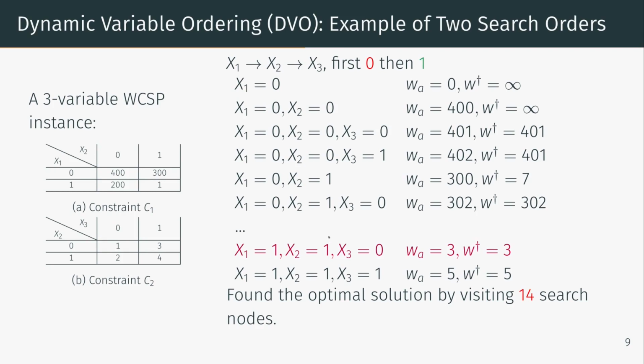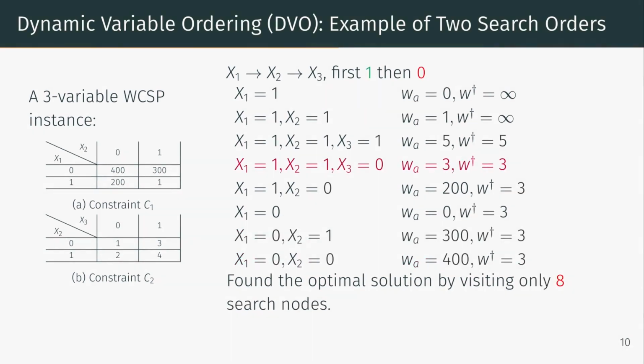And eventually we found the optimal solution here. But since we don't know yet whether this is optimal, we still have to go 1 step further to try out the assignment of x1 equals 1, x2 equals 1, and x3 equals 1. So to find this optimal solution, we have visited 14 search nodes.